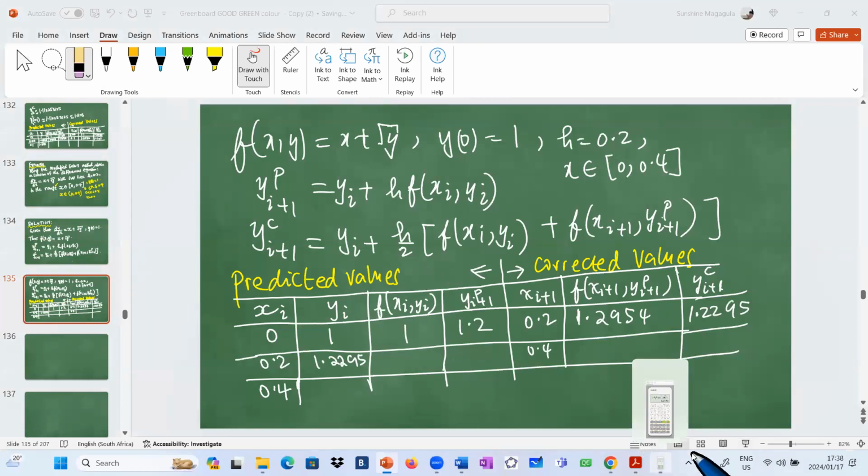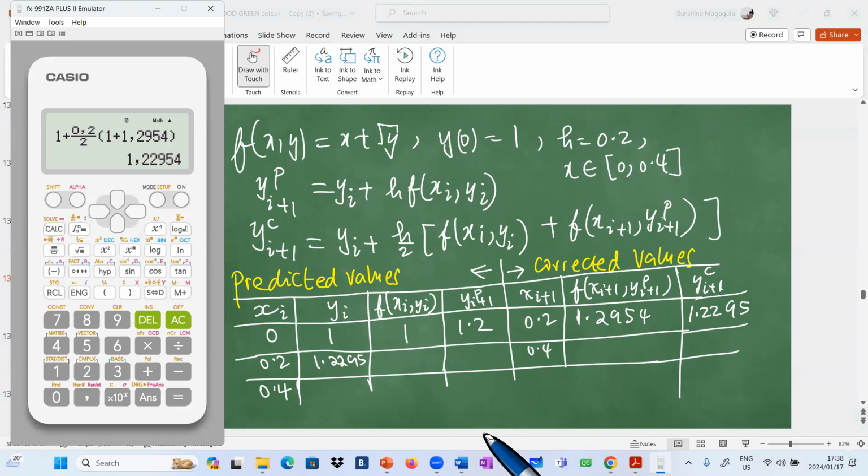So it is x, 0.2, plus the square root of y. What is the square root of y? 1.2295. And then you get the answer.